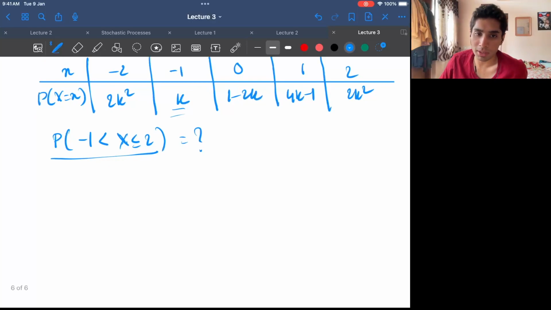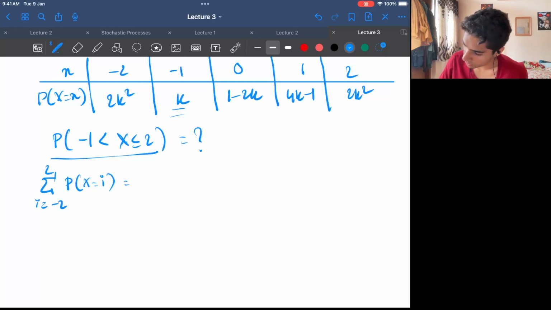By now it should be quite clear in your head. Whenever you see some unknown scalar in your probability mass function, just use one thing, that is the sum of all the probabilities should be equal to 1. Right? So summation of probability of x equal to i, i equal to minus 2 to 2, this should be equal to 1. And what is this probability?